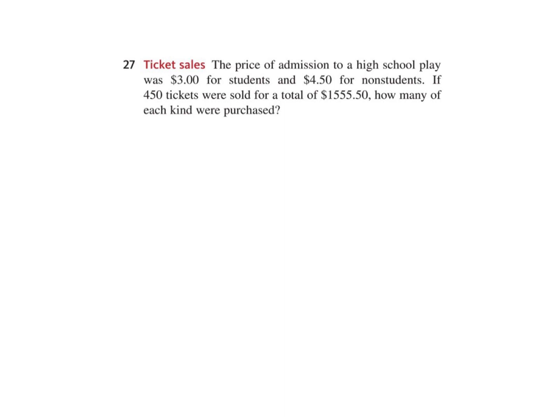Now our story problem. The price of admission to a high school play was $3 for students and $4.50 for non-students. And the total, if you added all that together, it gives you $1,555.50.